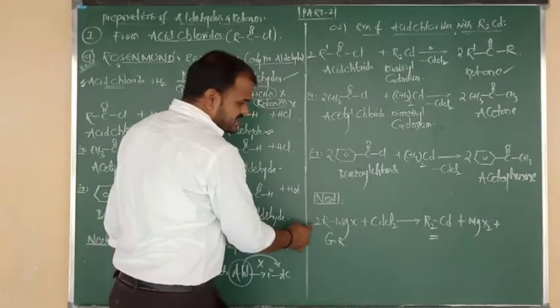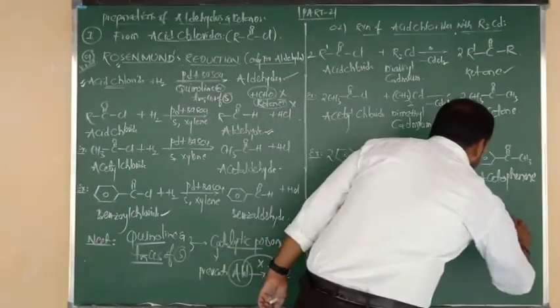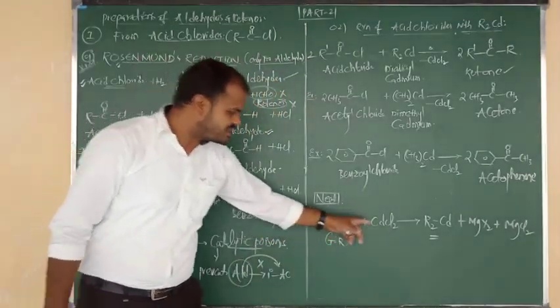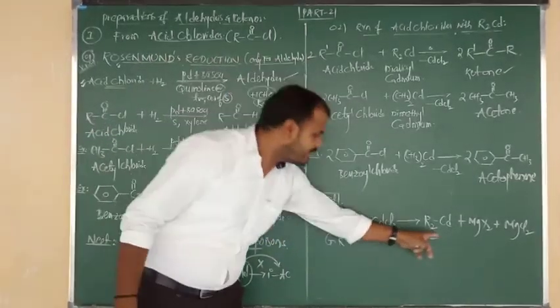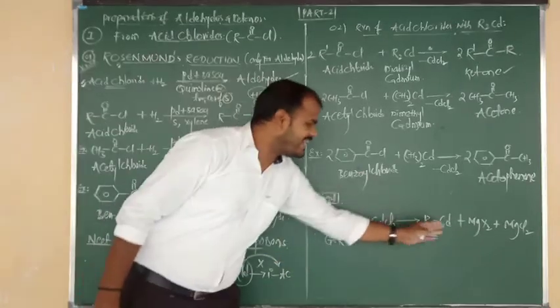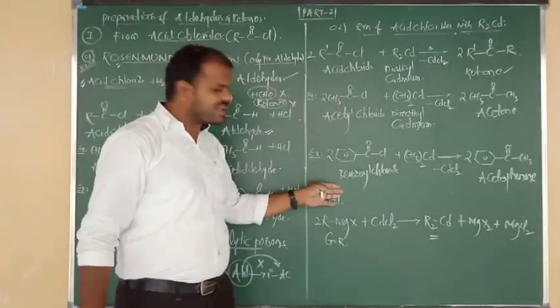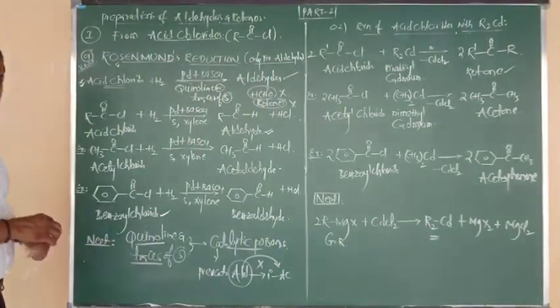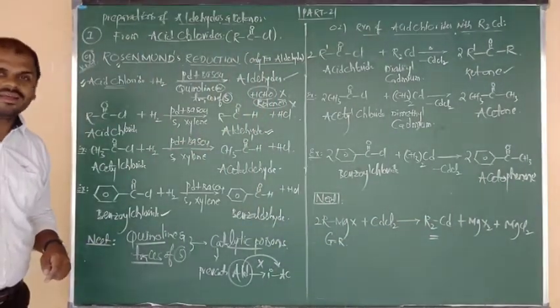Again the remaining Mg and 2 Cl give the byproduct MgCl2. So Grignard reagents on reaction with cadmium chloride give dialkyl cadmium. Such a dialkyl cadmium on reaction with acyl halide gives the product, which is nothing but what, beta? Ketones. Okay?